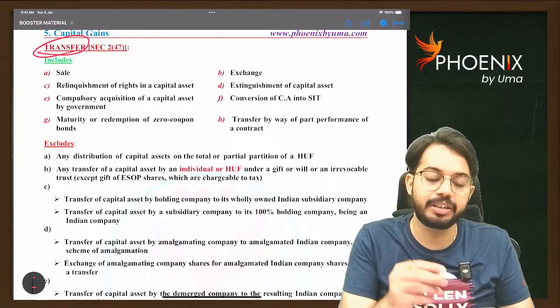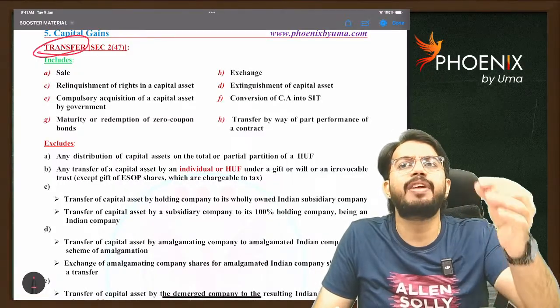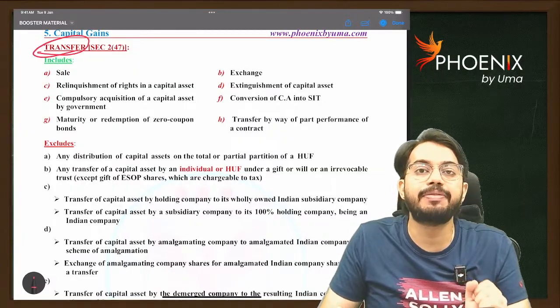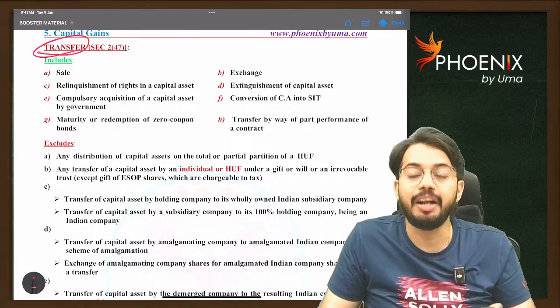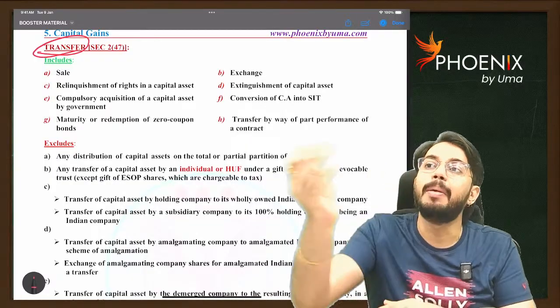Next, we will discuss the definition of transfer. Only if a transaction is covered under the definition of transfer will capital gains be calculated. Otherwise, capital gains will not be calculated. What do I mean by this? Let's say I gifted a gold bracelet to my brother.